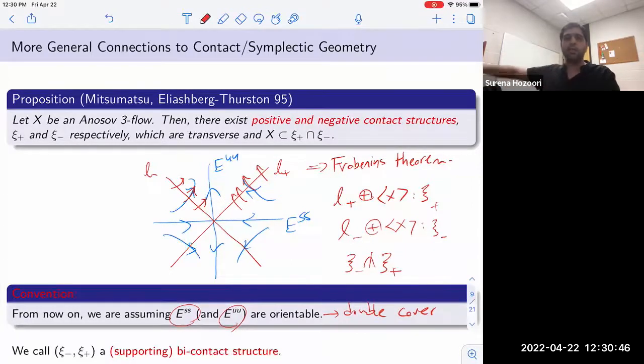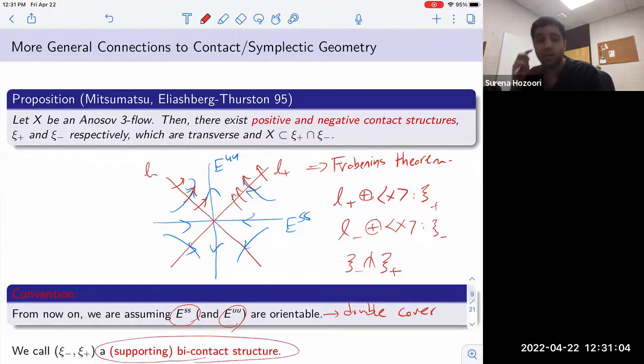Okay, so I'm going to stick to this assumption, although more or less everything I say can be reformulated, a little bit uglier, in the case where these are not orientable. And I call this pair of positive and negative contact structures a bicontact structure supporting my flow.